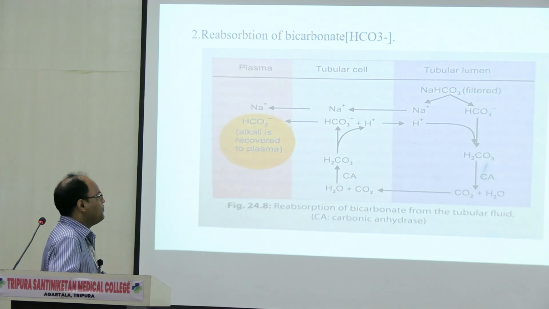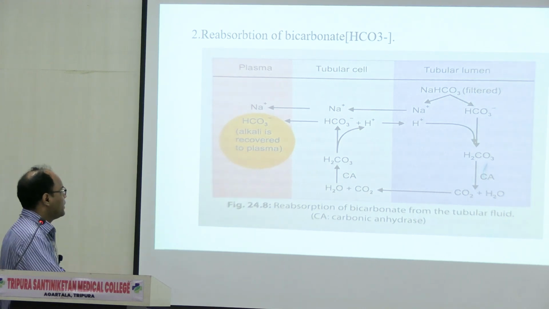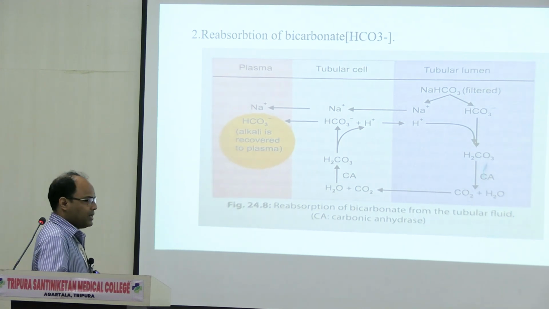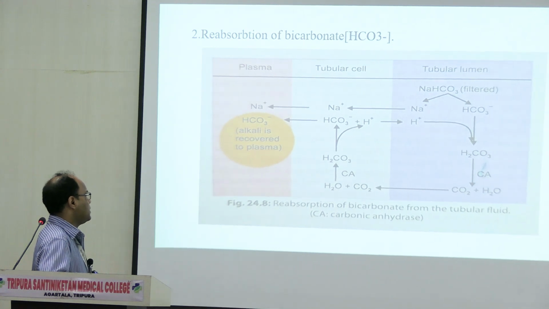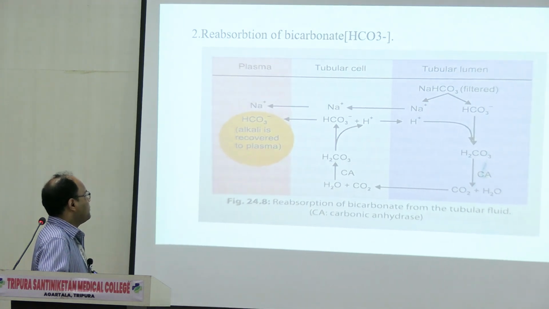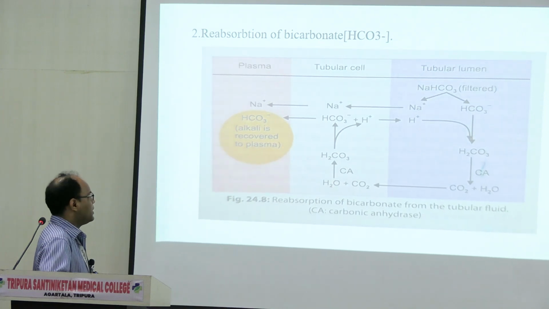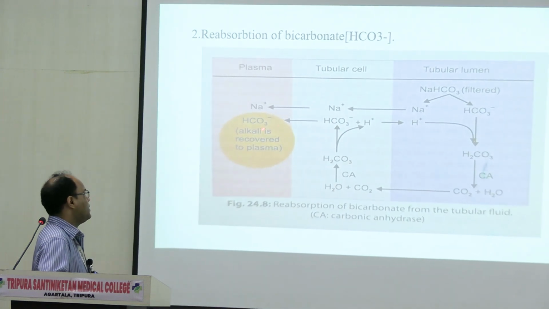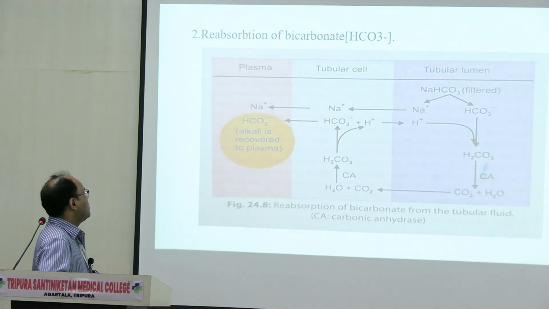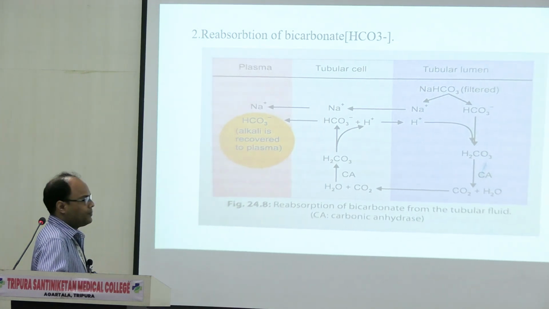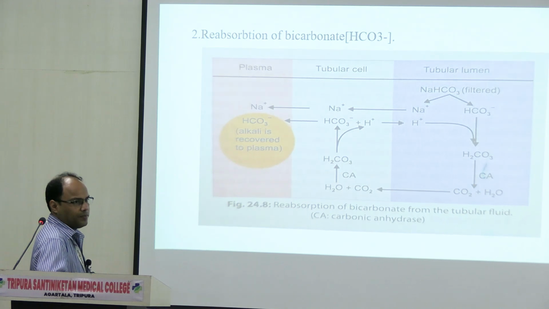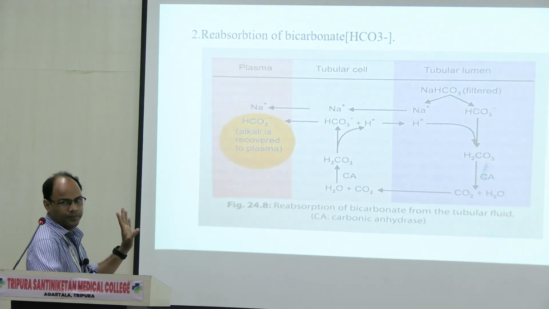With the help of the enzyme carbonic anhydrase, it breaks down into carbon dioxide and water. Sorry. This carbon dioxide diffuses back into the tubular cell, and reacts with water to form carbonic acid and again bicarbonate, which is directly reabsorbed. By this way, reabsorption of bicarbonate occurs in the tubular cell. This is the second mechanism.